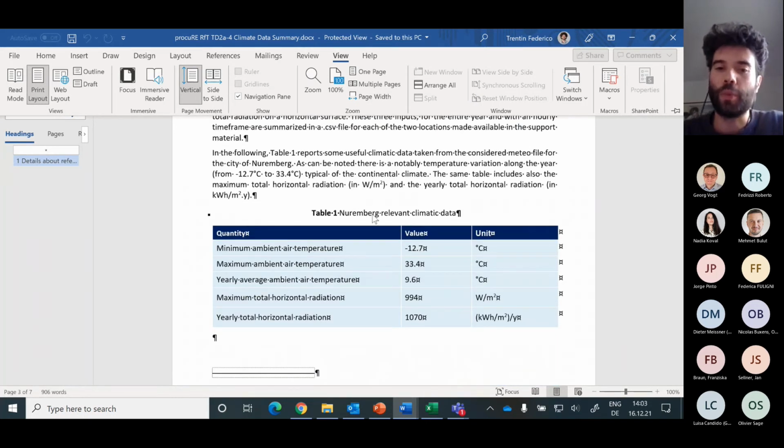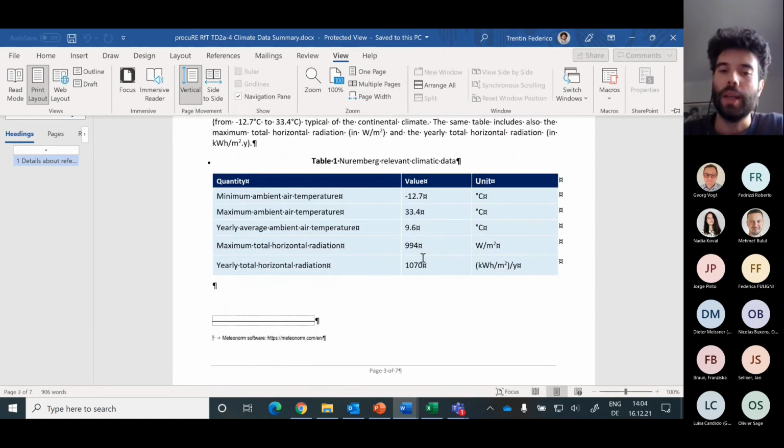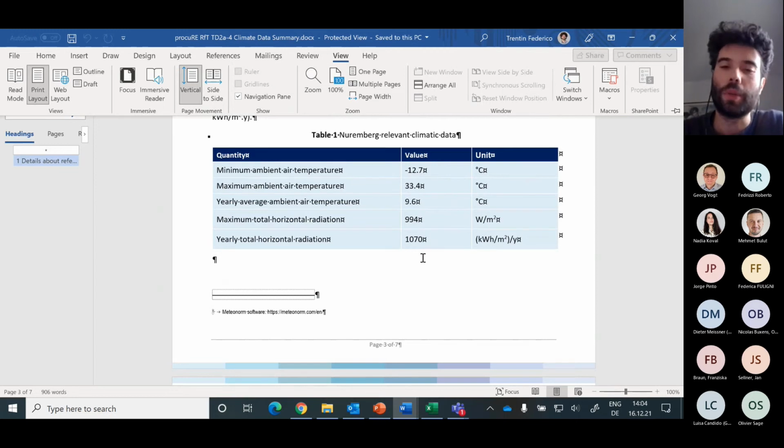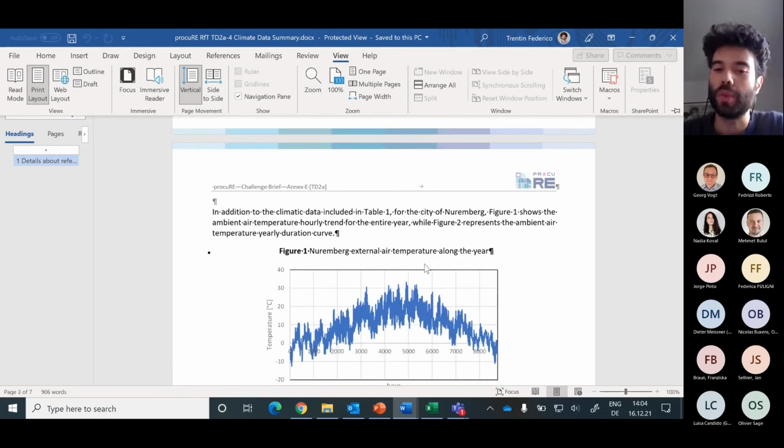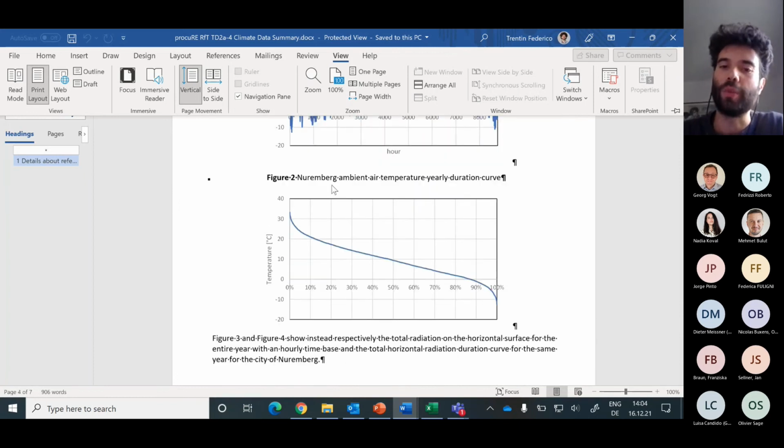And then for the two reference cities of Nuremberg and Istanbul, in this document you will find some analysis like the annual temperature and the radiation trends and the yearly duration curve of external ambient temperature and of irradiation on the horizontal surface.